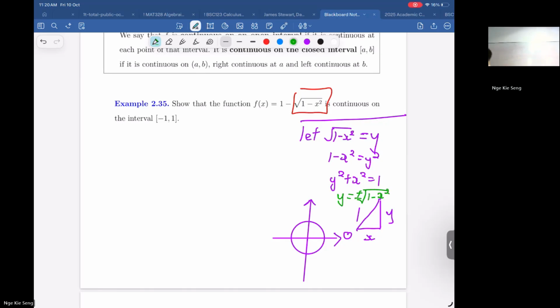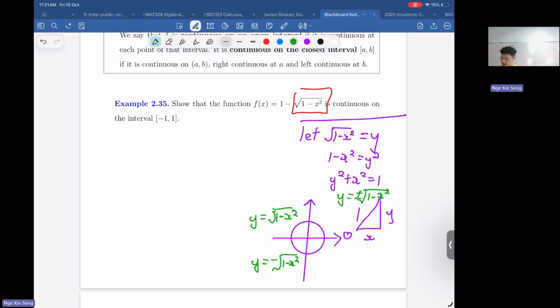So in fact, you split this circle into 2 parts. One part is square root of 1 minus x squared. The other part is y equals negative square root of 1 minus x squared. So where is negative? Where is positive?